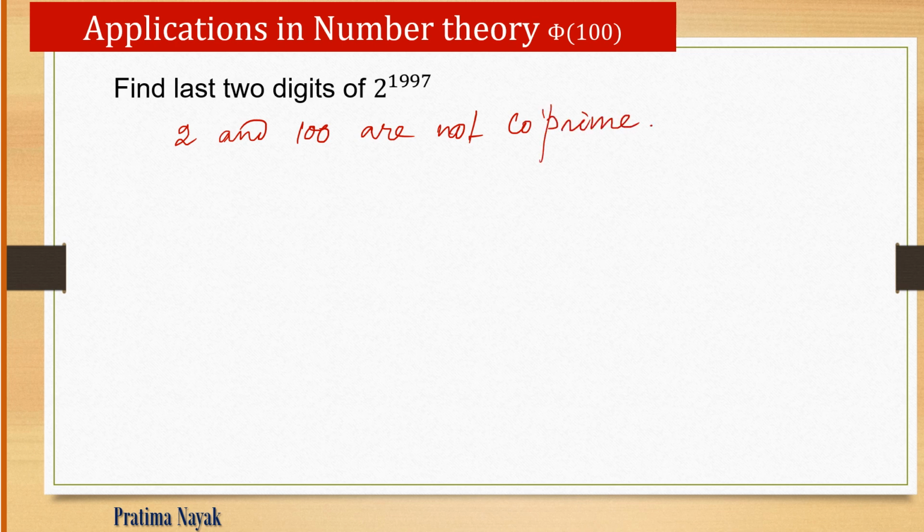So we can go another way. 100 can be written as 4 times 25. So once I find modulo 4, and once I find modulo 25, then we will calculate. Or you can calculate by the other method I have discussed in other videos.